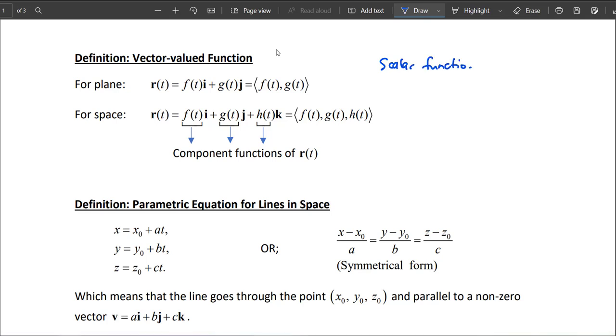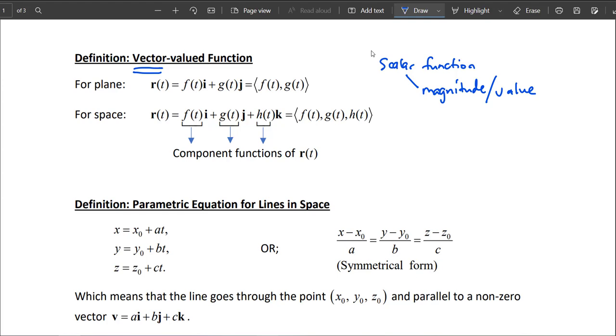This time around, we will learn about vector value function. What is the difference between these two functions? For scalar function, we only have magnitude or value. This is usually the function that we used before.